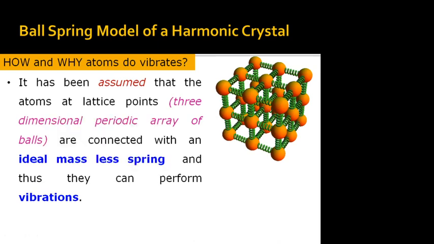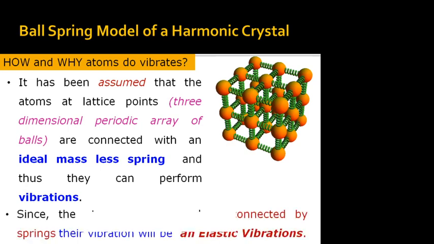It has been assumed that the atoms at a lattice point, that is a three-dimensional periodic array of balls, are connected with an ideal massless spring. माने spring हमें ऐसी सोचनी है which has very, very little mass, almost a massless spring, just doing simple vibrations within the two balls which are connected to them, and perform the vibrations.